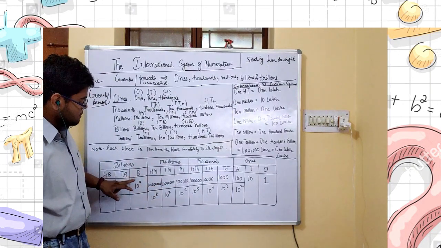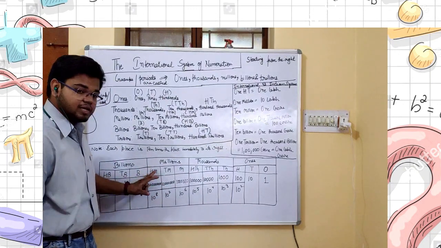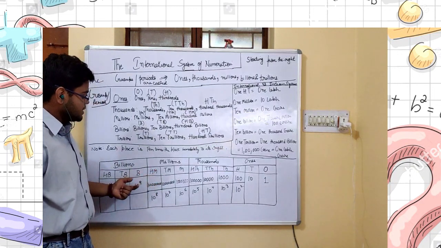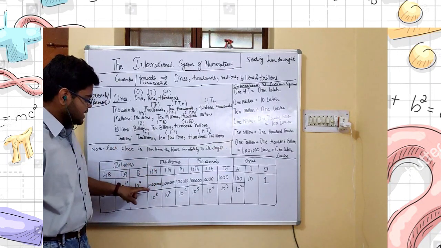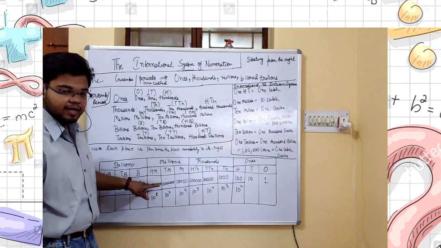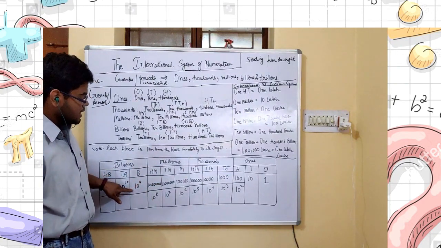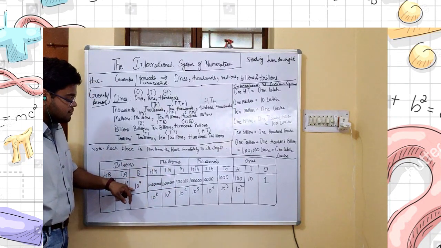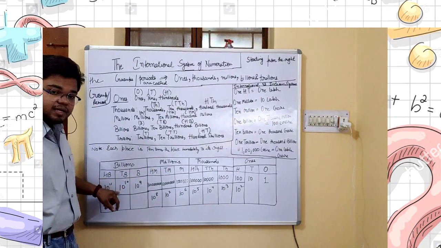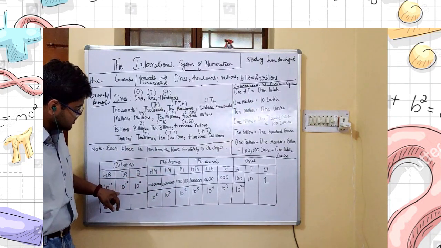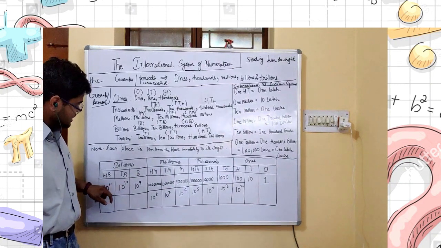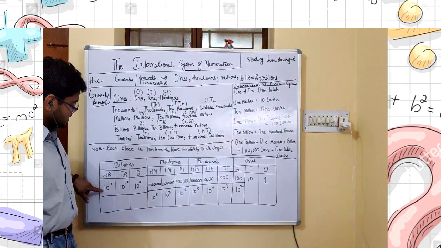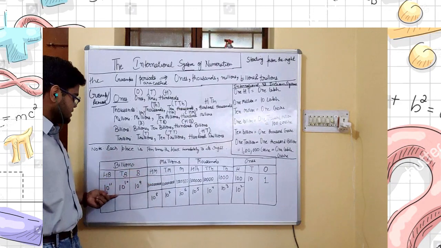And if you multiply 100 million with 10, then we get another period called billions. This will become billion, and a billion will have, children, 9 zeros. If you multiply billion with 10, it will become 10 billion. It will have 10 zeros. And if you multiply 10 billion with 10, then we get 100 billion, and it has 11 zeros.